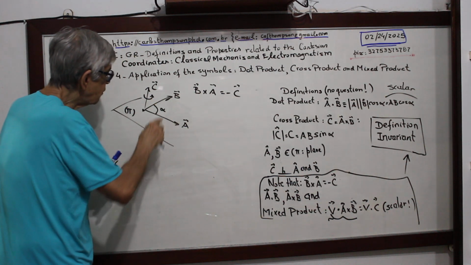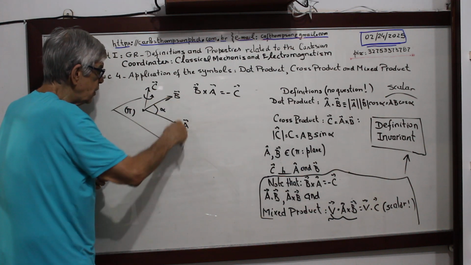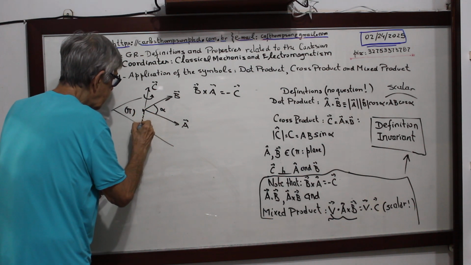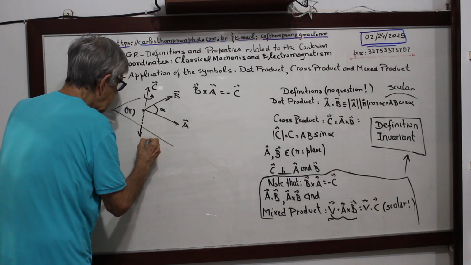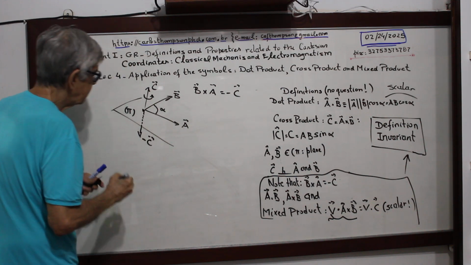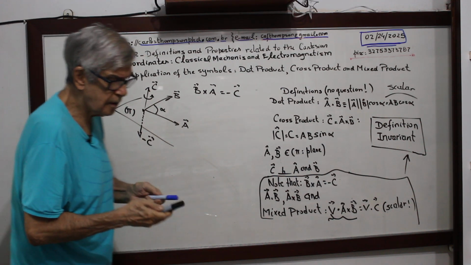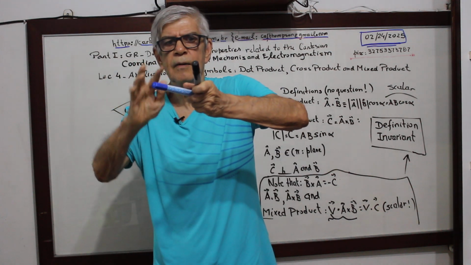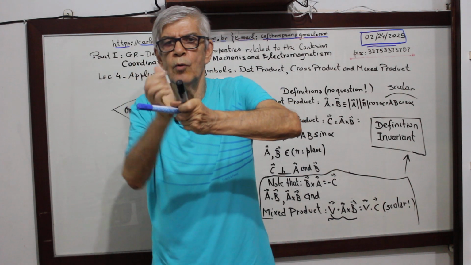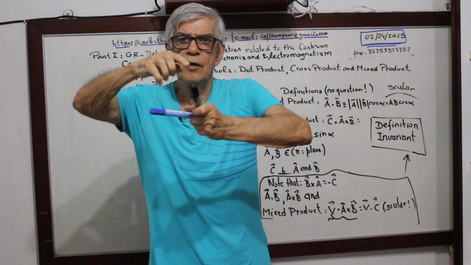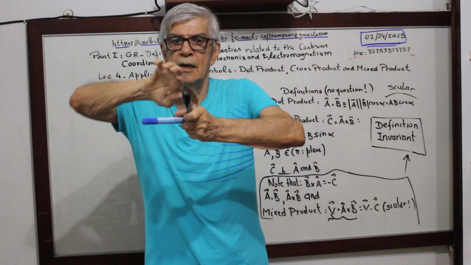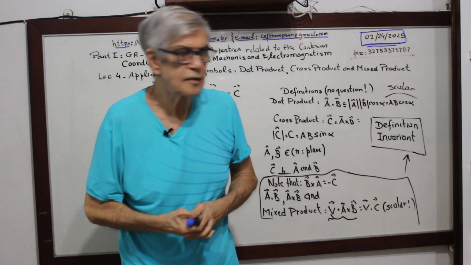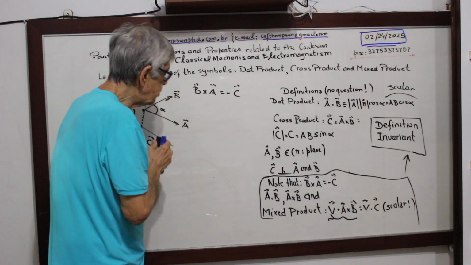Because if I rotate B to reach A, this will be minus C. Repeating, showing here: this blue is A, the black is B. I rotate, I have C. If B cross A, if I rotate, I have negative C. That's very, very important.